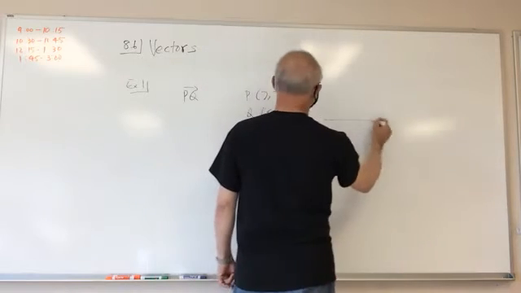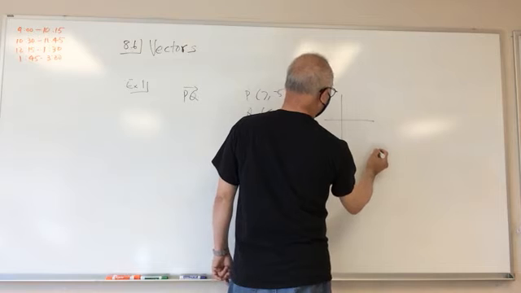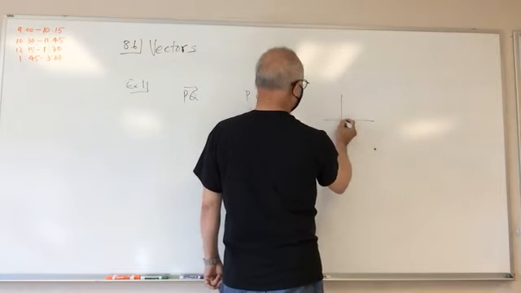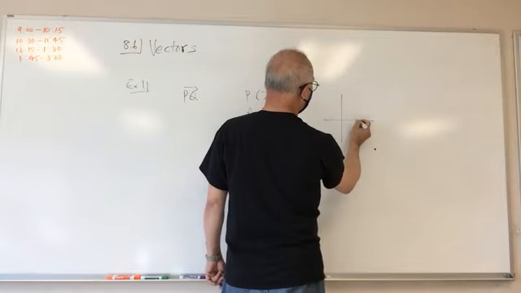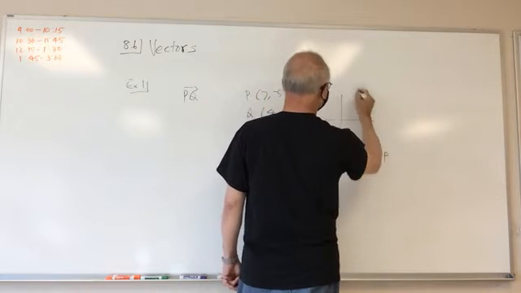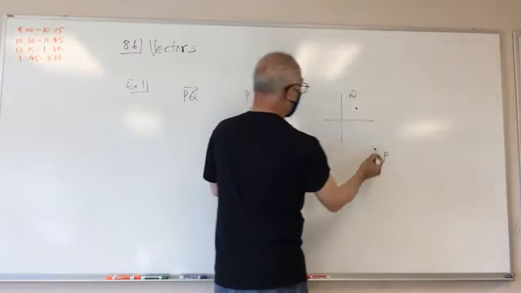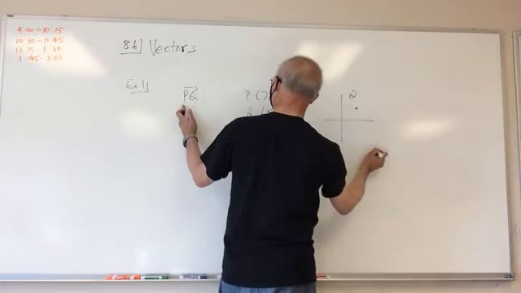So P is 7, negative 5. Q is 4, 3. So this is P. This is Q. So the vector is from P to Q.